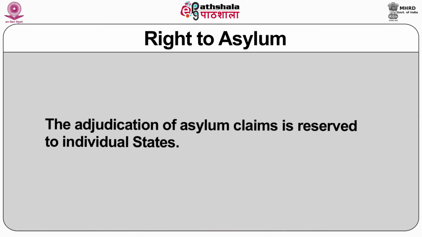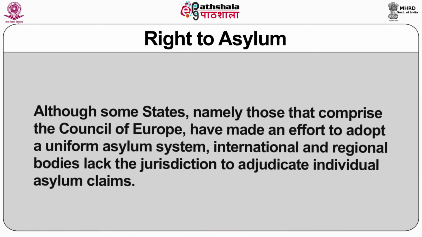The adjudication of asylum claims is reserved to individual states, although some states, namely those that comprise the Council of Europe, have made an effort to adopt a uniform asylum system. International and regional bodies lack the jurisdiction to adjudicate individual asylum claims.